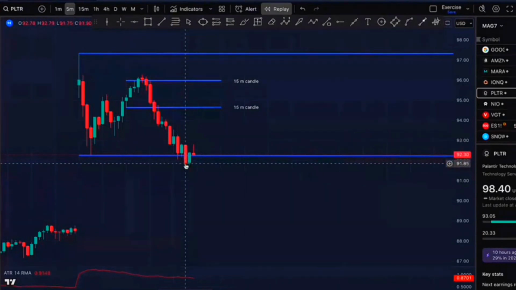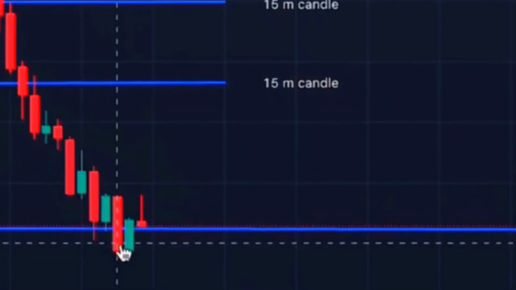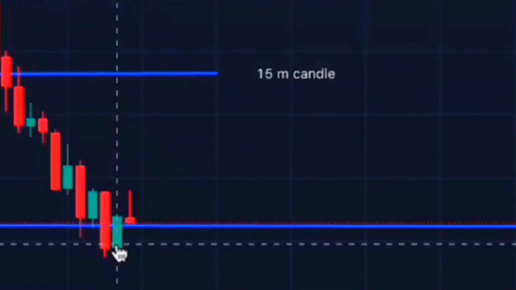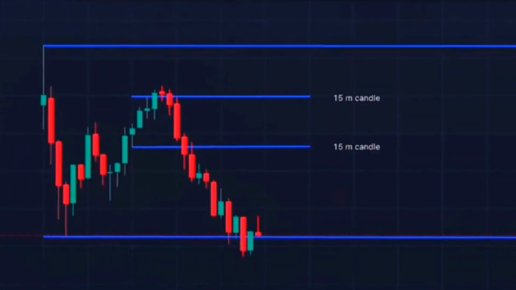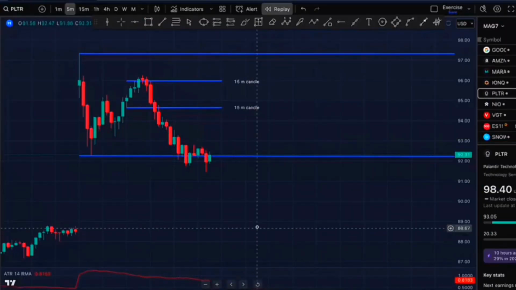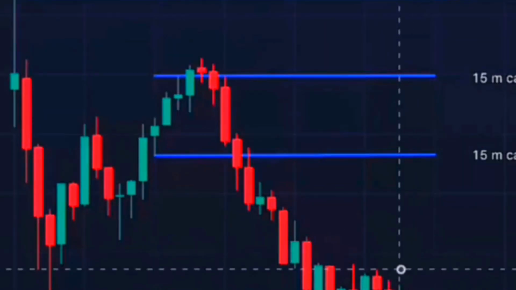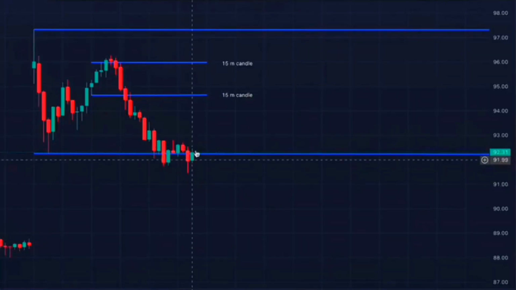This candle here, we have the second candle, a bearish engulfing. This bearish candle is engulfing this one here. Let's print out the second candle to see what we can get from that one. Now right here we have this candle. We're going to place our entry on this candle here.